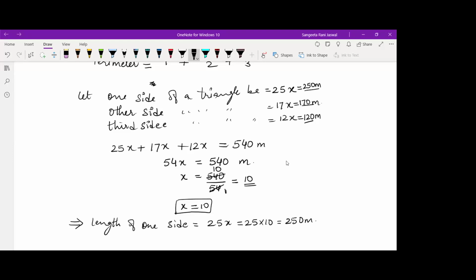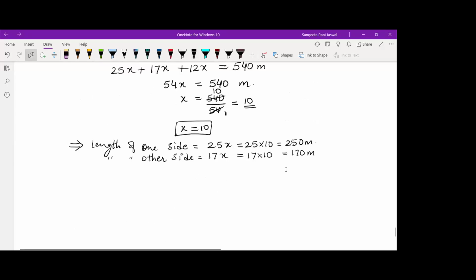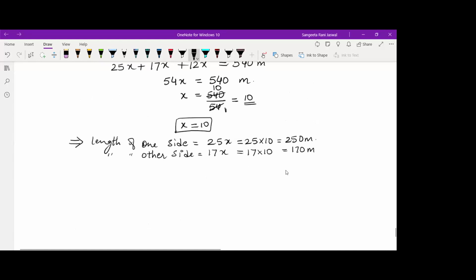Then length of other side will be equal to 17x, which is equal to 17 into 10, which is equal to 170 meters. And similarly, length of third side is equal to 12x, which is equal to 12 into 10, which is equal to 120 meters.